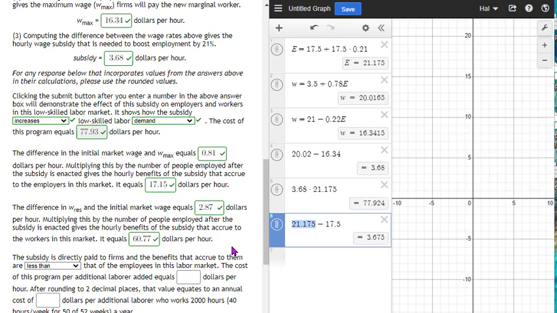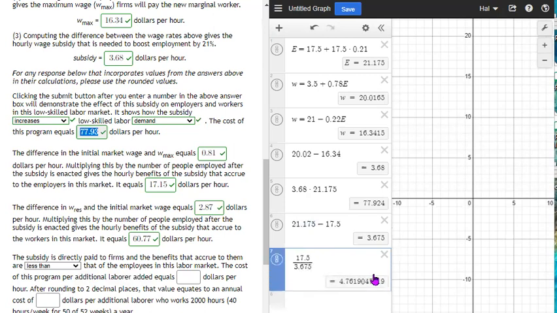It's the cost of the program per the additional laborer in the program, because the program was intended to draw people into the labor market, right? So we're going to divide the total benefit of this program by this 3.675, right? The 3.675 are the additional workers, the workers that were pulled from public assistance where work wasn't required into the subsidy program where their labor is subsidized, right?